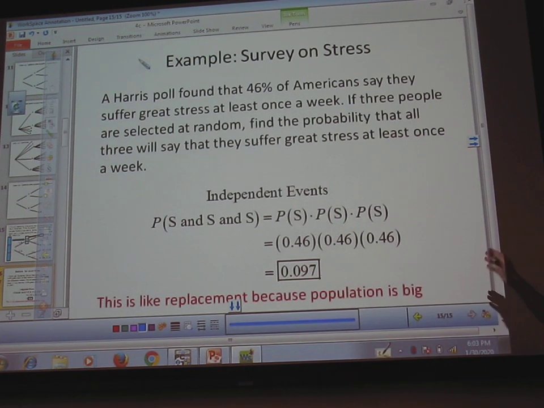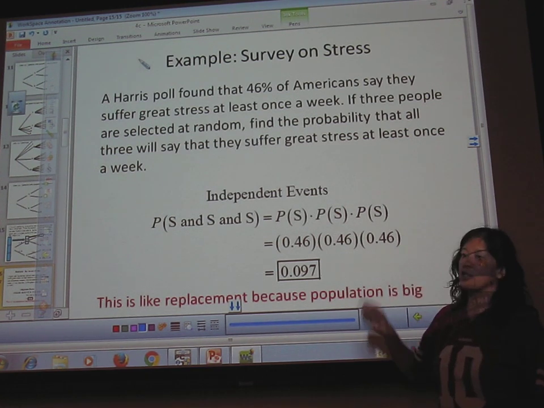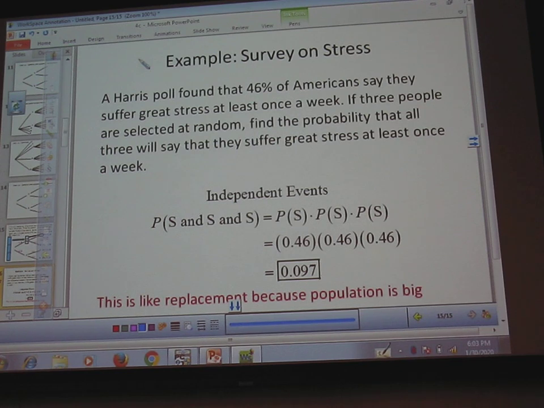Does everybody understand? Just the handful I'm taking is not going to affect all the United States. Good? So that's why this number doesn't change. Now later on, we're going to talk about just 10 marbles or just 30 students. And then taking one totally changes it. Because if you have 30 students, each student is like 3% of the class.